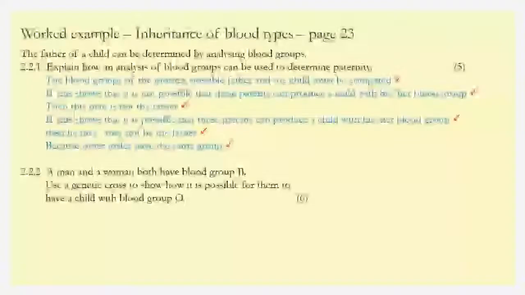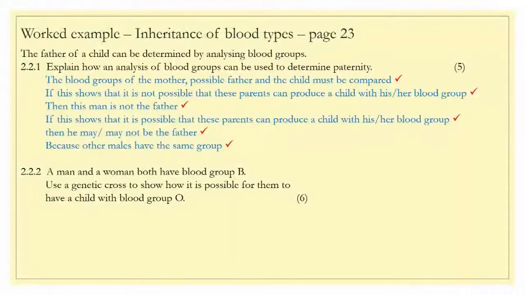Do a genetic cross. So what is the first thing that we are going to do? Can anybody tell me? What did I say? When doing any genetic cross, whether it's blood types, complete, or incomplete dominance, what is the first thing that we must do?